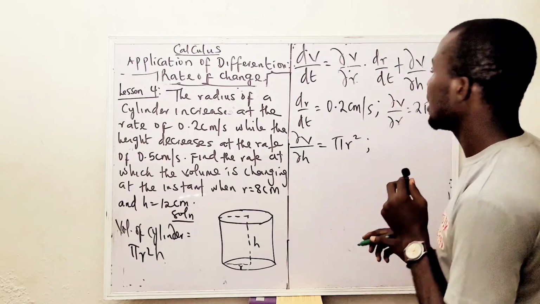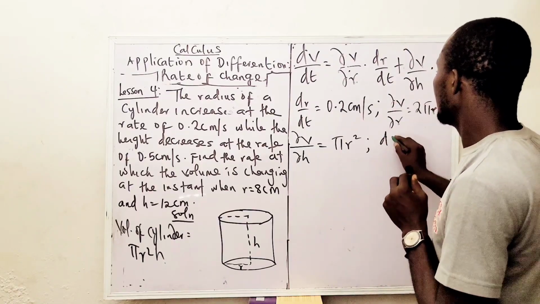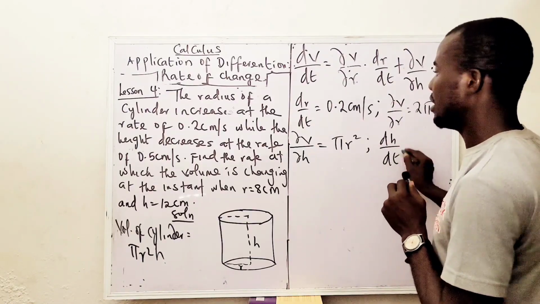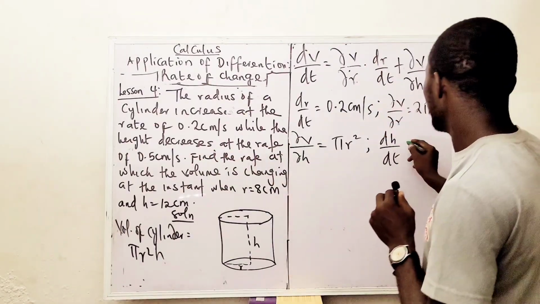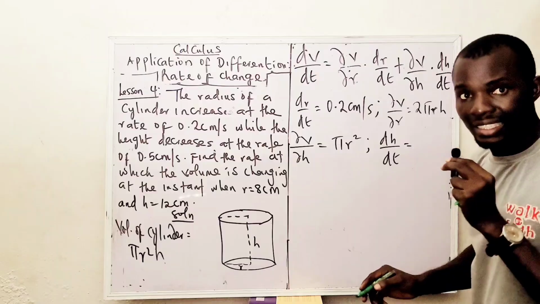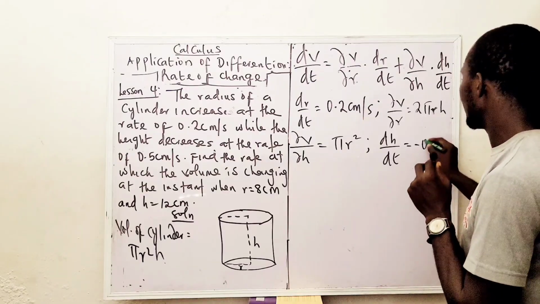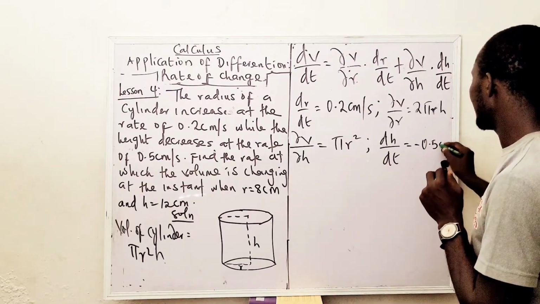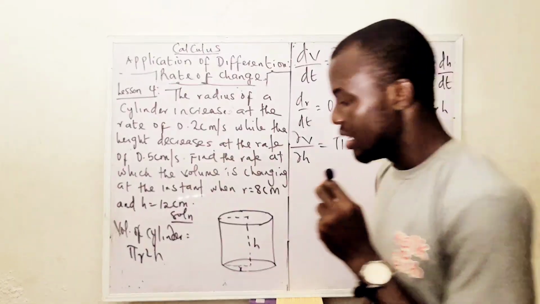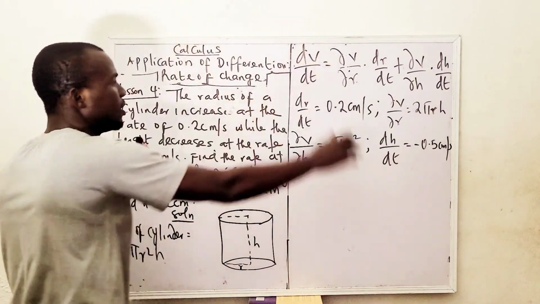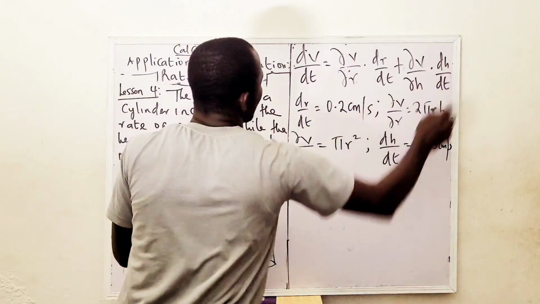And then what is the next? We are also given the h change. You can see the height decreases. When you hear the word decrease, that's negative. So that will be negative 0.5 centimeter per second. That is what we are given. Now let's plug the entire thing into this particular equation.